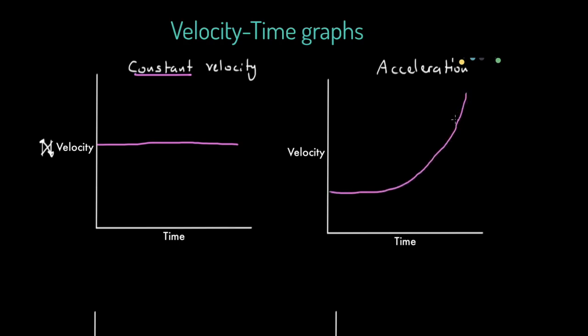As time progresses, we are going to get faster and faster at a greater rate of acceleration. And of course, a curve like this would illustrate that. I have to say that the first bit of this curve that I've drawn in here, this little segment here, is effectively constant velocity. We see it from the curve before. But we now have the illustration of acceleration within the majority of that curve.